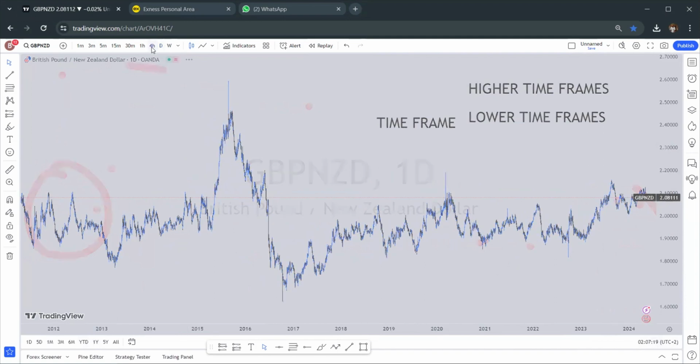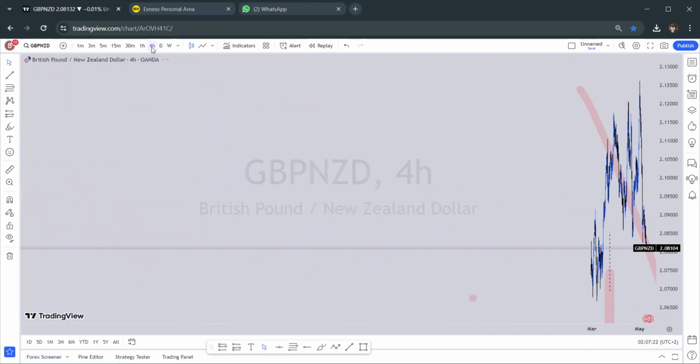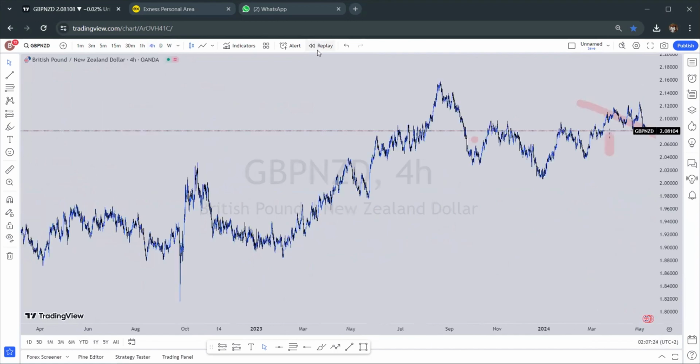Let's go to 4 hours. Now from 4 hours, if you zoom it out clearly, you see that we are seeing the picture from April 2023, which happens to be from here at this edge.